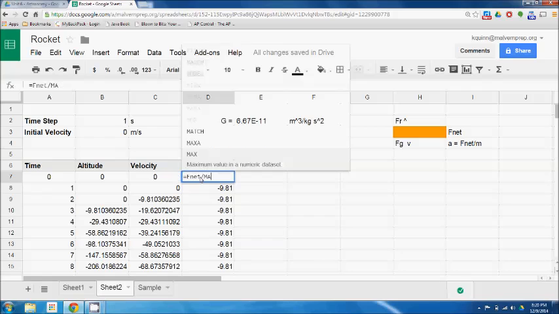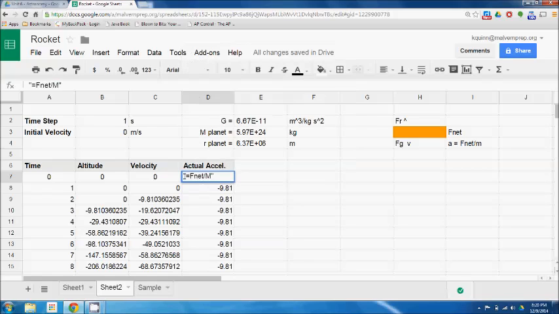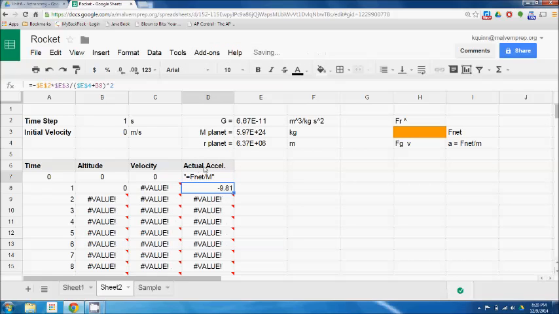Well, I have a problem here, though, because I don't have an F net yet, and I don't have a mass anywhere on the screen. So we really need these things in order to keep working. So let's get them. Let's make a new column here called F net.